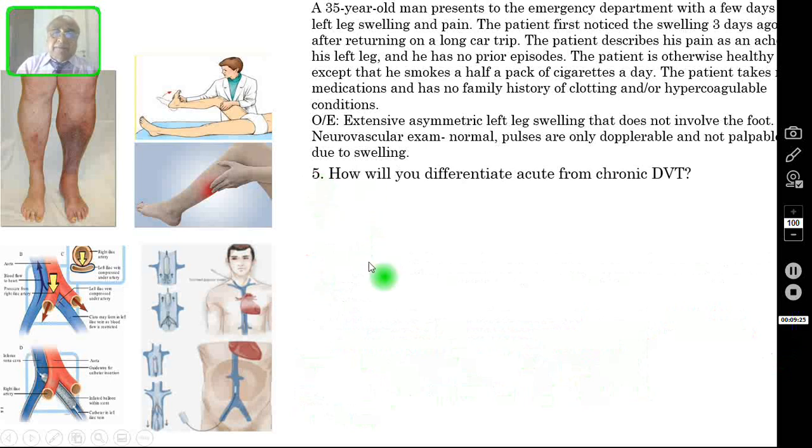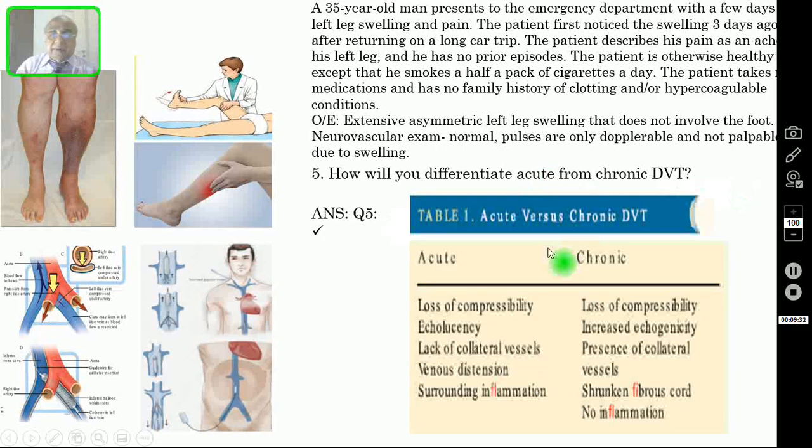Question number 5. How will you differentiate acute from chronic deep vein thrombosis? The correct answer is, if it is acute thrombosis, there is loss of compressibility of the vein. Even in chronic DVT there is loss of compressibility of the vein.